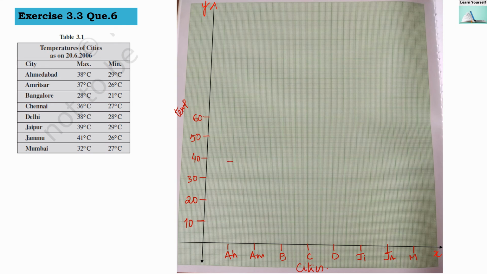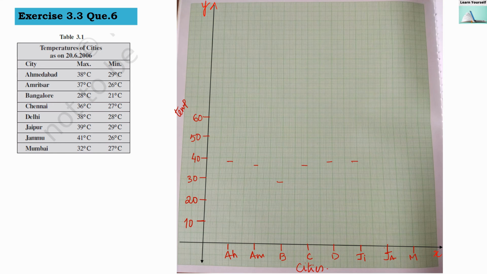Amritsar it is 37. Then Bangalore it is 28. Then Chennai it is 36. Delhi it is 38. Then Jaipur 39.